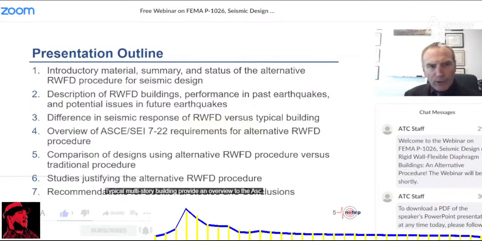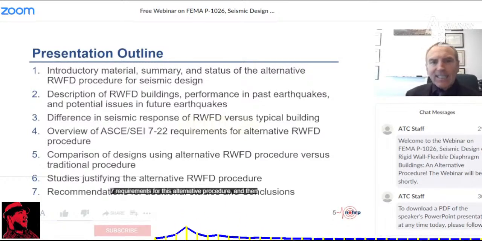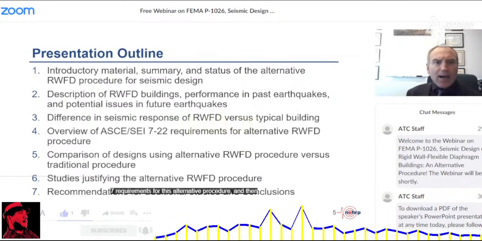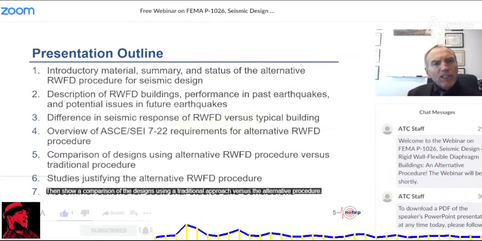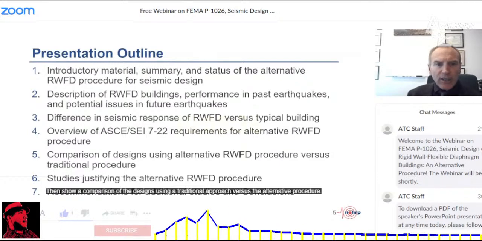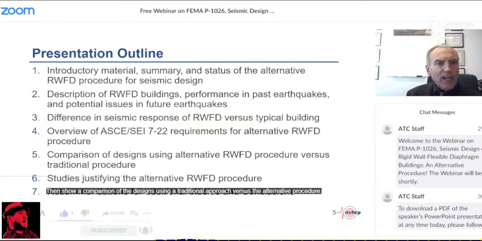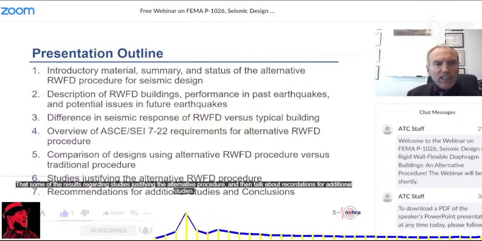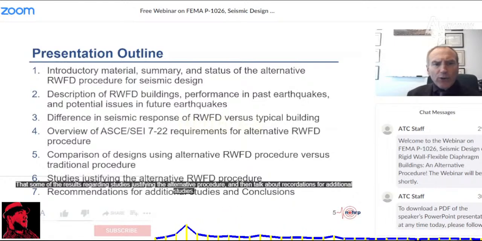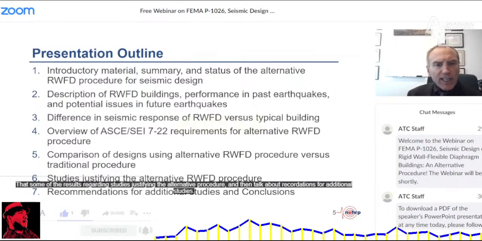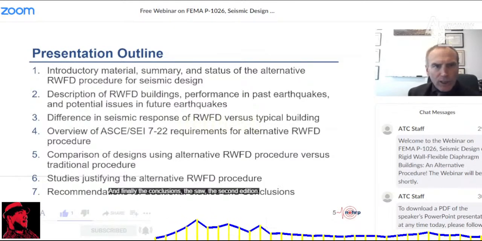Provide an overview of the ASCE 7 requirements for this alternative procedure, and then show a comparison of the designs using a traditional approach versus the alternative procedure. Present some of the results regarding studies justifying the alternative procedure, and then talk about recommendations for additional studies, and finally the conclusions.